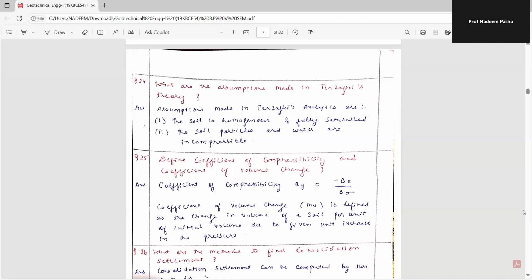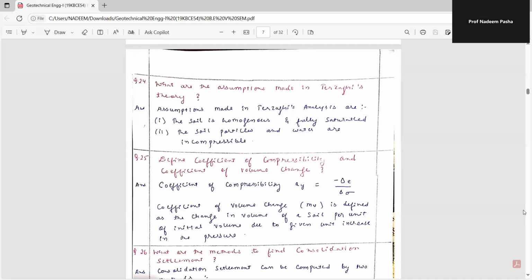And coefficient of volume change, how are we defining m_v? It is defined as change in the volume of a soil per unit of initial volume due to a given increase in the pressure.